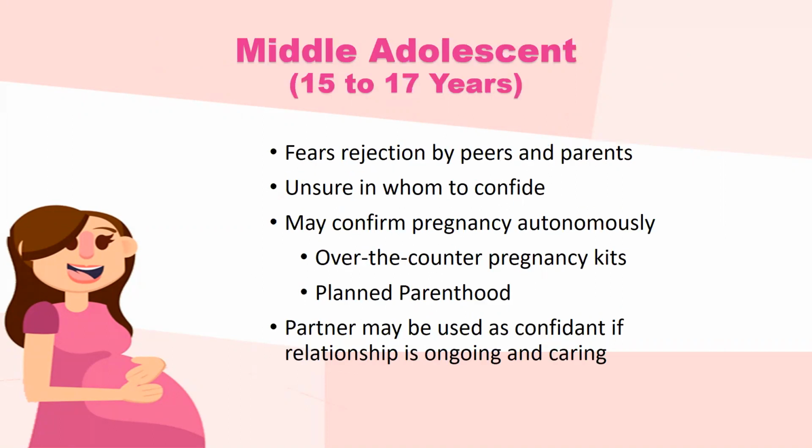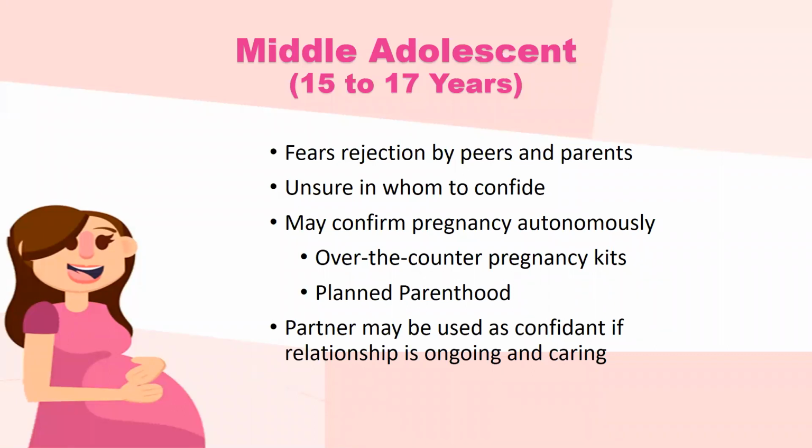Middle adolescence is age 15 to 17 years. This is a challenging time for the teenager. This is the time that you see them maybe experimenting with drugs, alcohol, and sex. Again, they will fear rejection by their peers and parents when becoming pregnant.